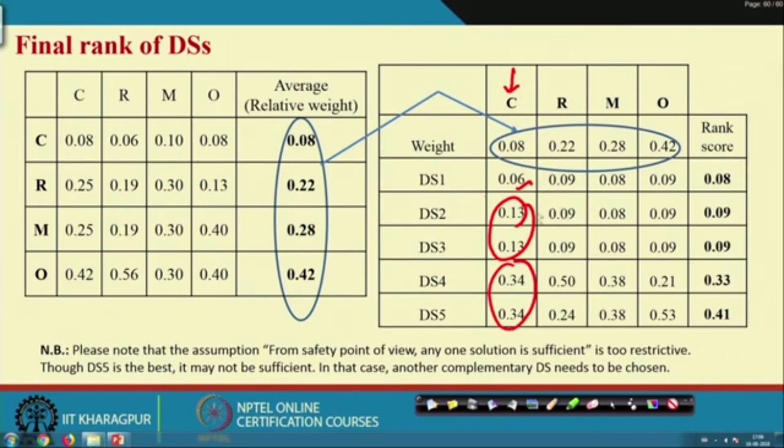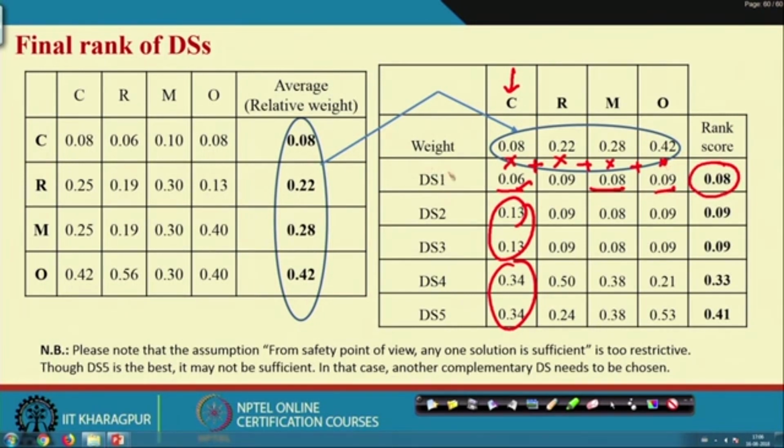Similarly, you have to find it with reference to reliability, maintainability and operability. Now, you have to find the overall score, because the criteria weight priority vector also has to be used. If you do 0.08 multiplied by 0.06 plus 0.22 multiplied by this plus 0.08 multiplied by this plus 0.42 multiplied by this, the sum will be this.